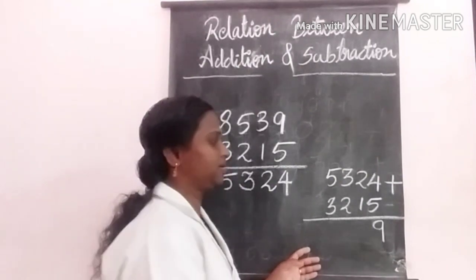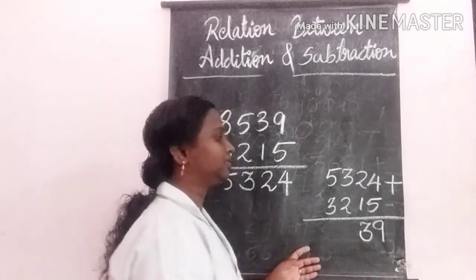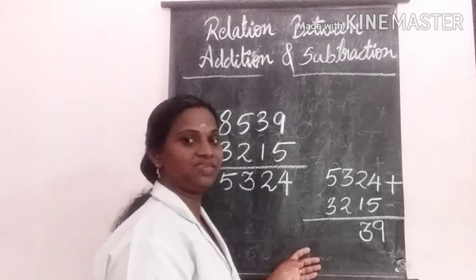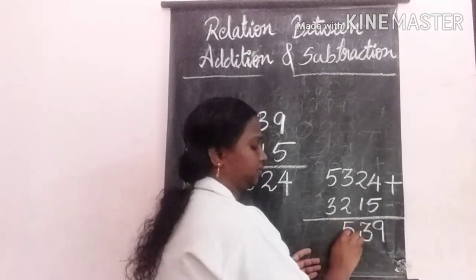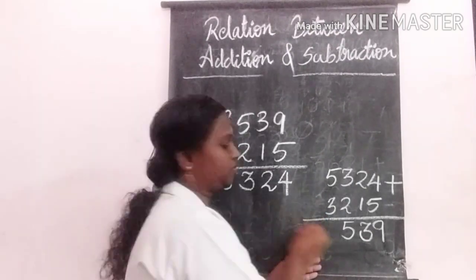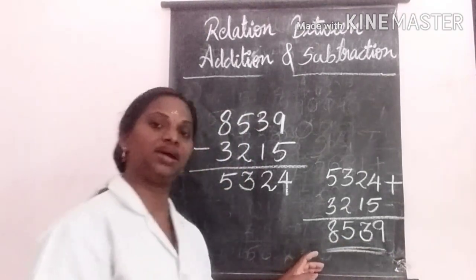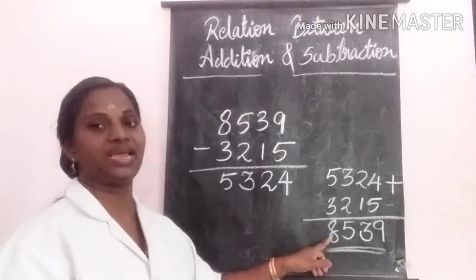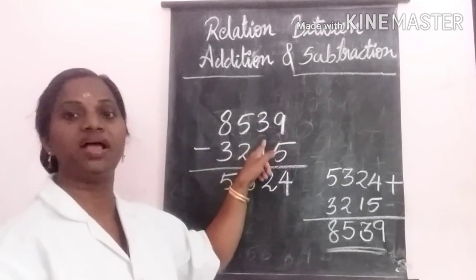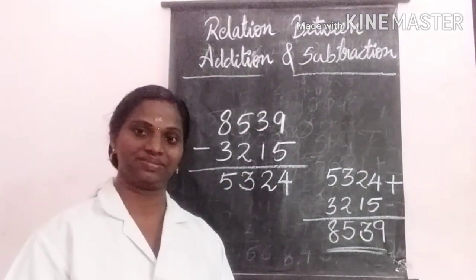Then 1 plus 2 is equal to 3. Then 3 plus 2 is equal to 5. And 5 plus 3 is equal to 8. 8539. Now we get the greater number. See, this is the greater number. So our answer is correct.